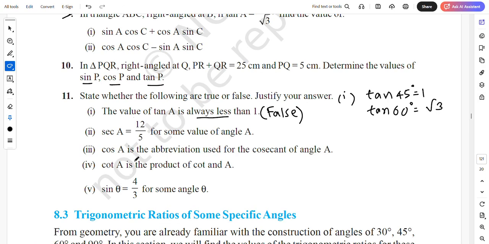Hope you understood this one. Number 2 is true. Number 3 is false.